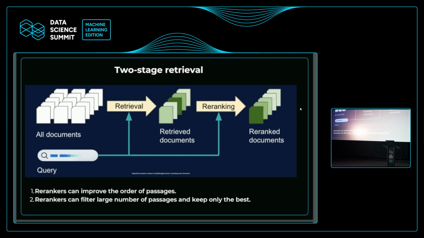Then at the later stage, we perform a re-ranking, possibly using a more sophisticated, bigger model, that will further improve the ordering of our retrieved passages. It's worth mentioning that during the first stage, we can retrieve more documents than we actually need, so that after the re-ranking process, we can filter the irrelevant documents out.